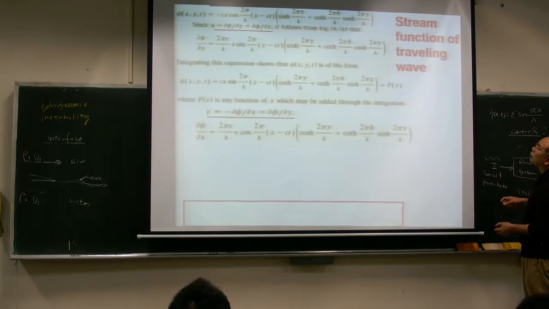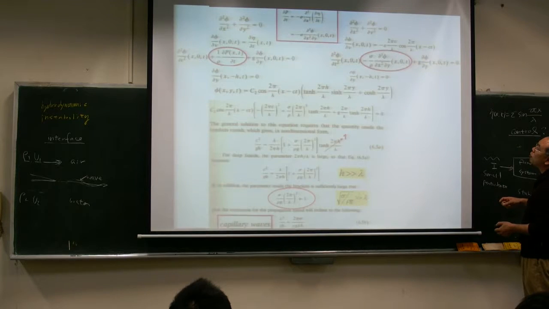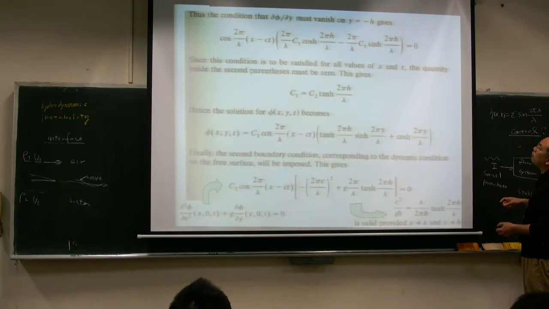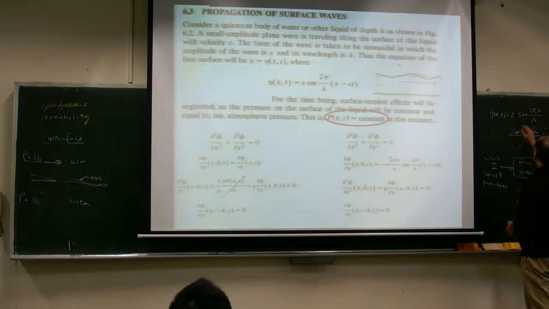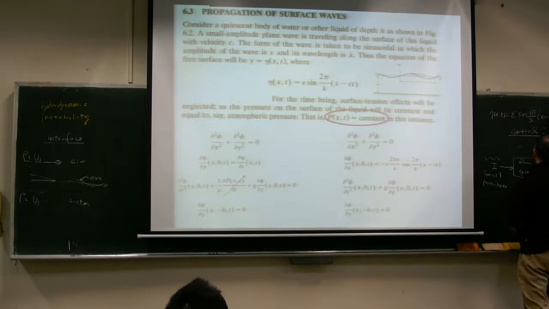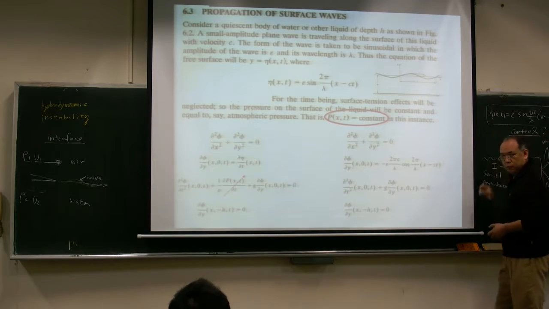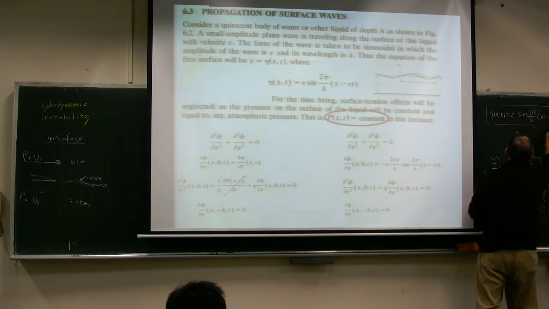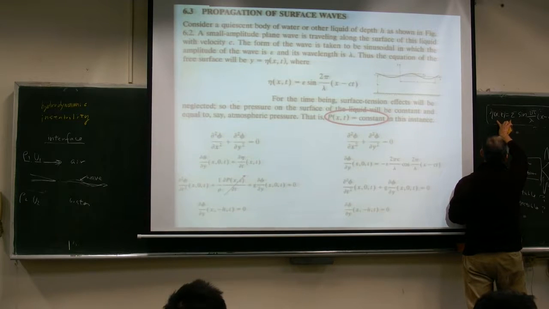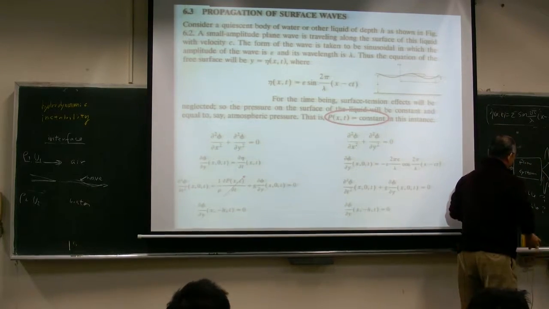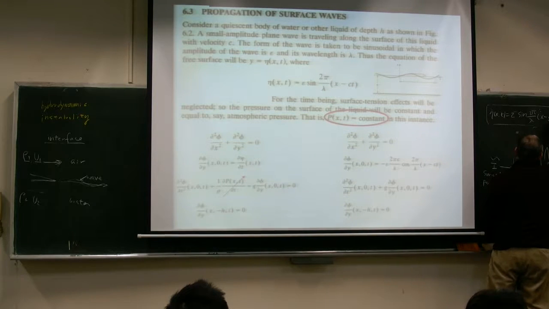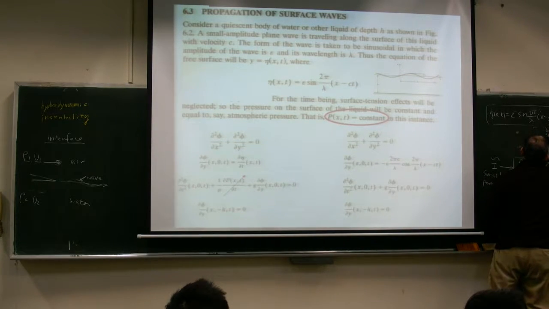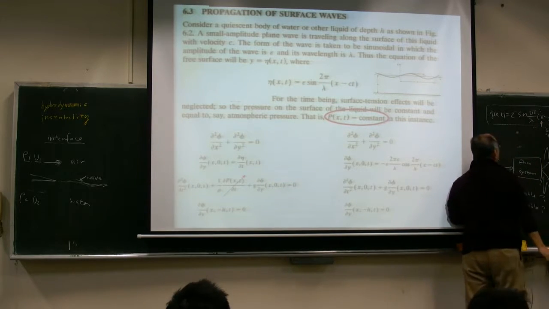Going back to the origin to specify a traveling wave, yes, this one: 2 pi over lambda, x minus ct. Okay, this is a traveling wave. So we already assume this traveling wave has a specific wave speed c, in the one-dimensional sense.